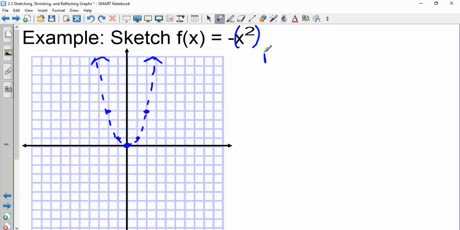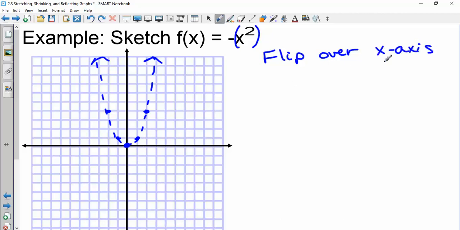Okay, that negative is out in front. It's not being squared, so it's out in front. So what will make it flip or reflect over what? The y-axis. Or no, the x. Yeah, if it's out in front, it's making your y negative.